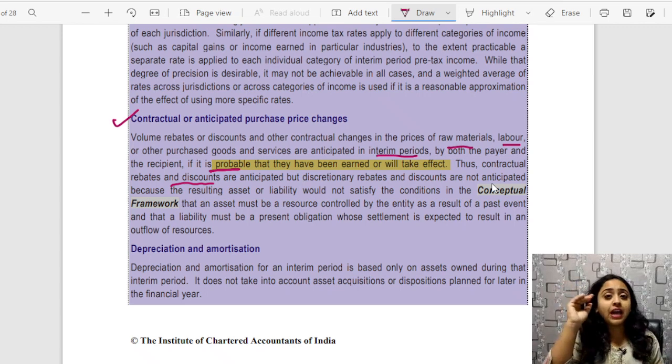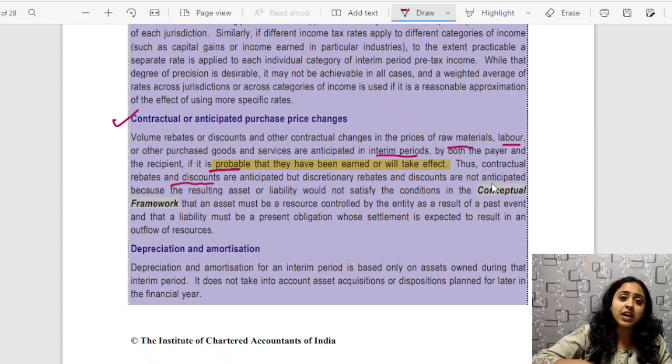If there are less chances that you will be able to meet such a target, and so very less chances of achieving such discounts, rebates, vouchers and price changes, then you will not anticipate or consider it.